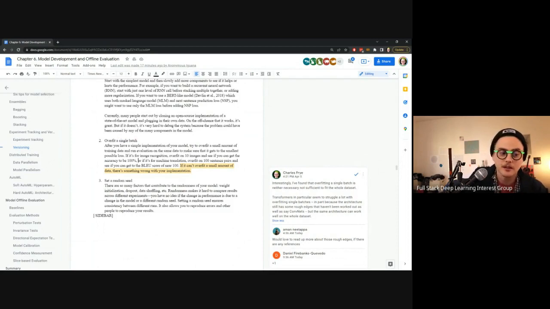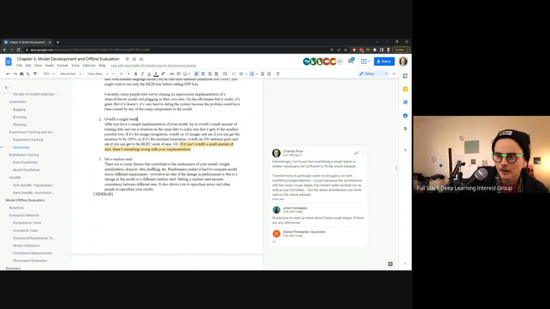And given that there are lots of models that are very popular, deployed in production, used and fine-tuned, that don't fit this, it's unclear that it's worth the engineering time to pursue such a well-designed architecture that it can both overfit a single batch and train on all of the data.